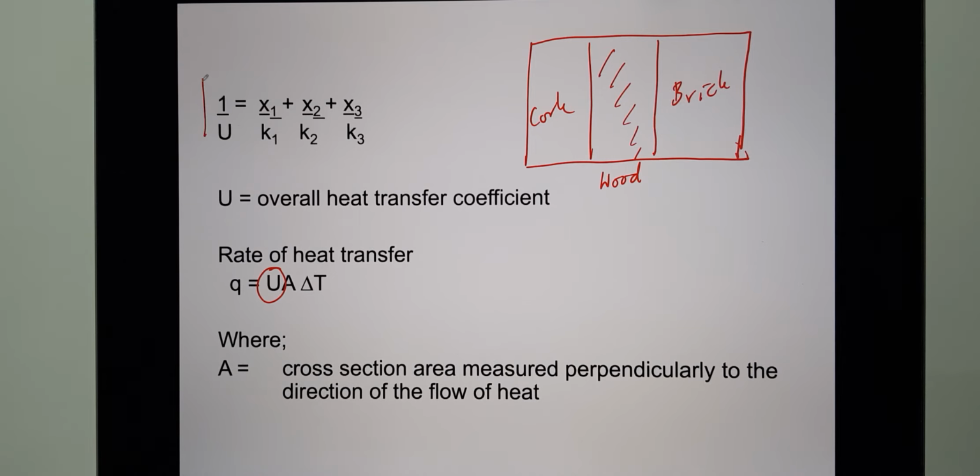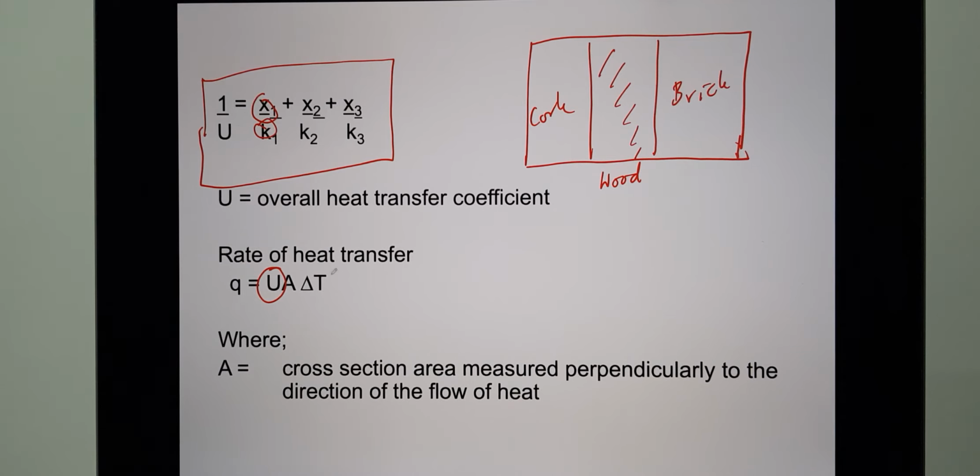This one is meant for composite wall, because it has the thickness and the thermal conductivity. Do not use the equation that is similar for the cylinder, because cylinder is different compared to composite wall. So composite wall is very much simpler compared to the heat transfer through cylinder.